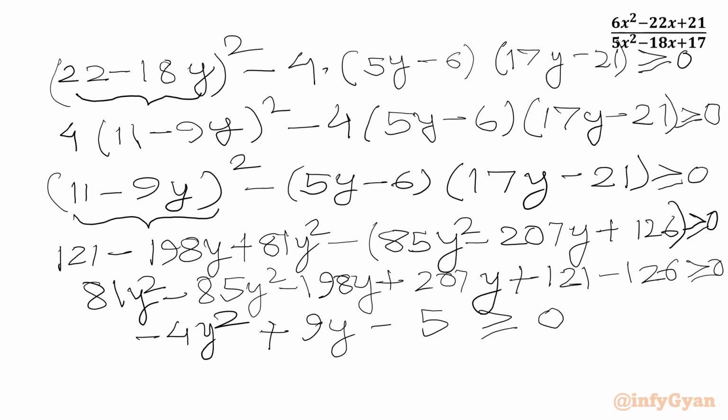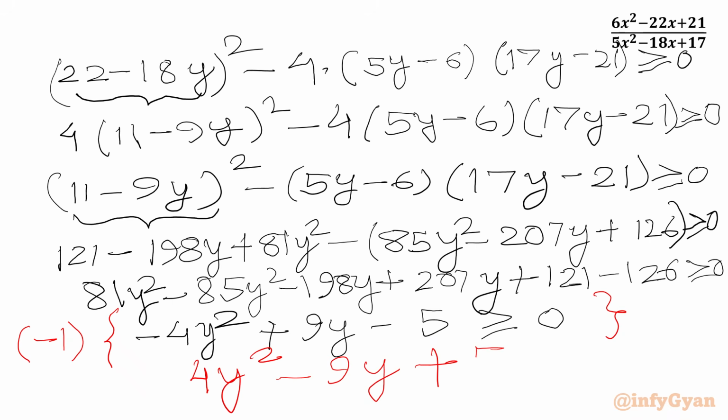Let's multiply our inequality by minus 1, so our inequality will get reversed. We will write 4y² − 9y + 5 should be less than or equal to 0.